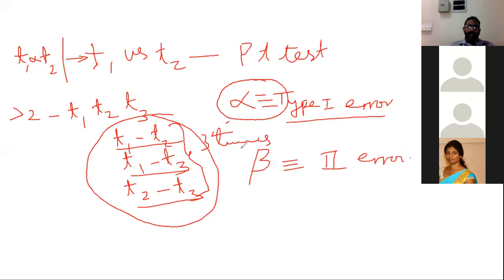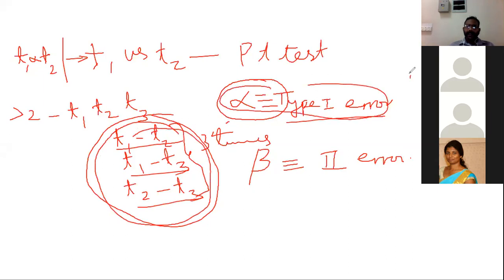So you see, when you have more and more comparisons, the type 1 error will increase. We will talk about that later. Because of that, it is not advised to do t-tests on an individual basis. Therefore, if you have more than two treatments, the solution is to go for Anova, analysis of variance.